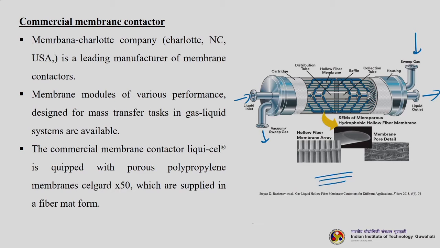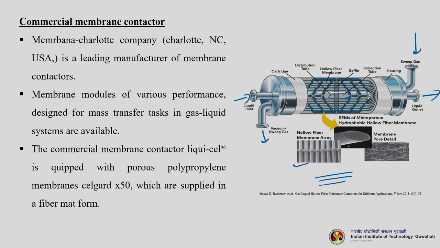There are baffles inside to help in distribution of the liquid, and there is a collection tube in between in which your liquid will be collected. This is how the hollow fiber assembly looks.